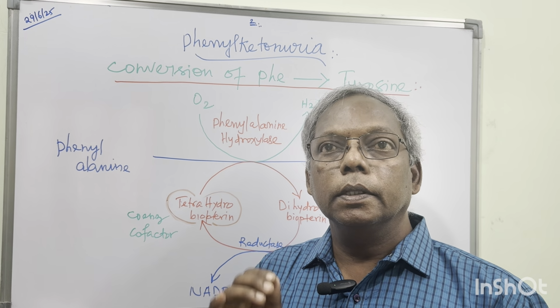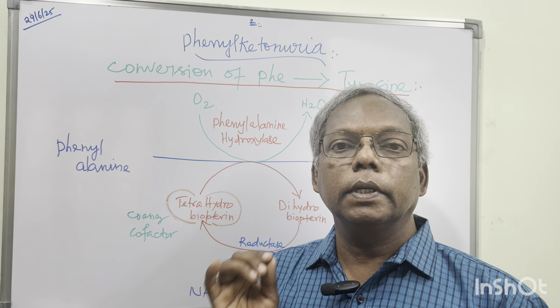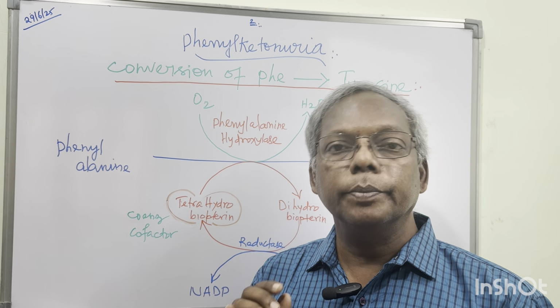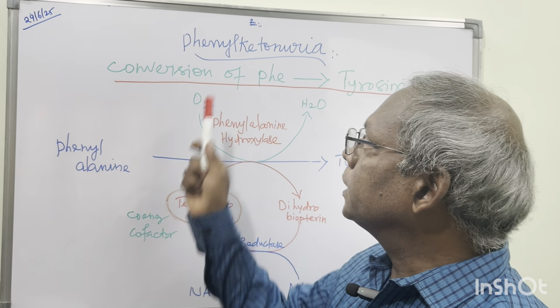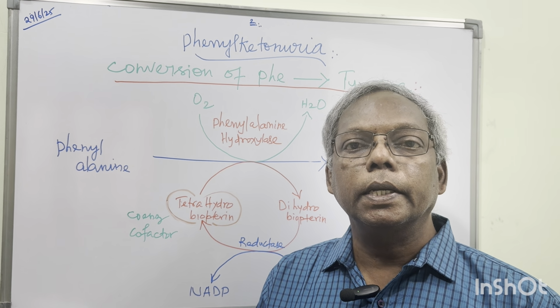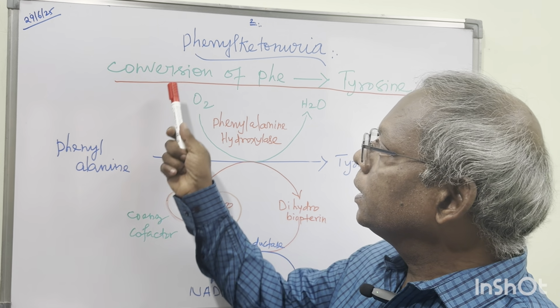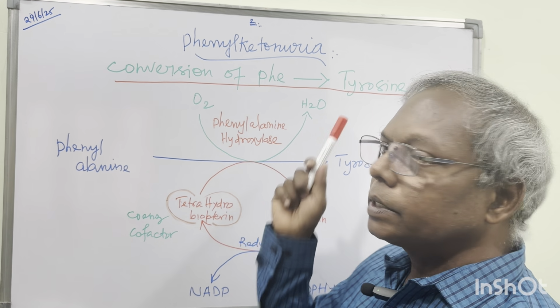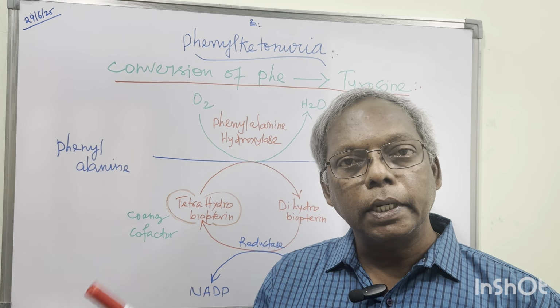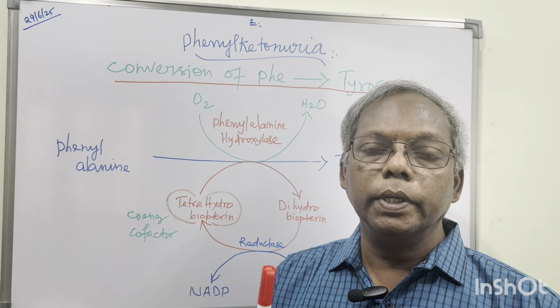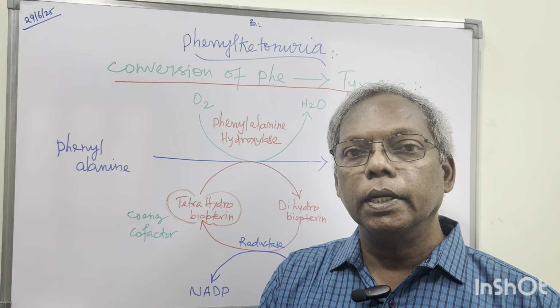Phenylketonuria, the first and foremost disorder in amino acid metabolism. The name of the disease is phenylketonuria, that is a defect in the conversion of phenylalanine into tyrosine. Usually tyrosine is synthesized from phenylalanine.